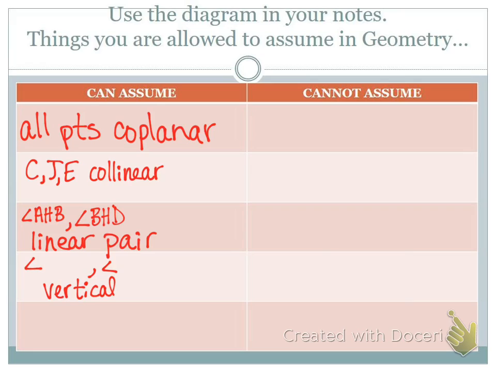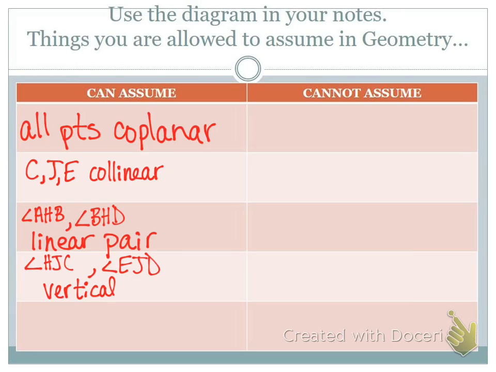So let's, again, give me an angle to start with. HJC. Okay. HJC. And which angle is vertical to HJC? EJD. Good. So we can assume things like linear pairs, vertical angles.